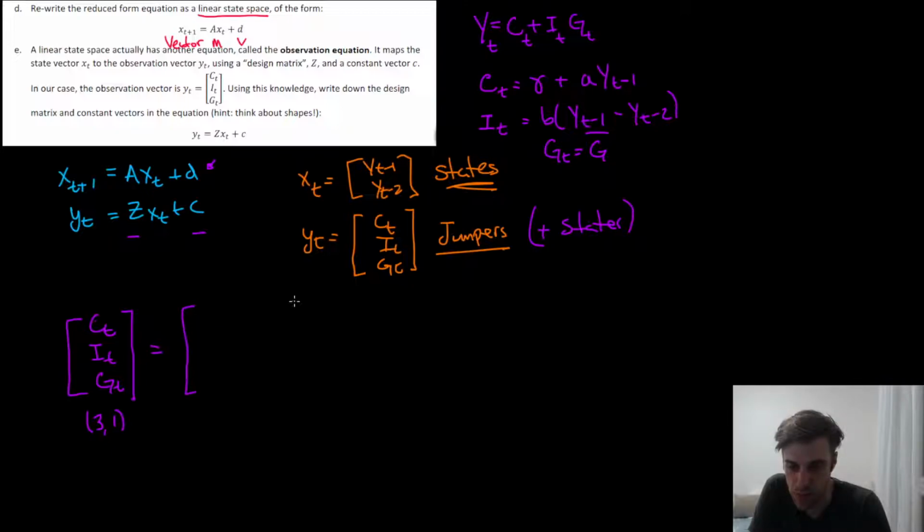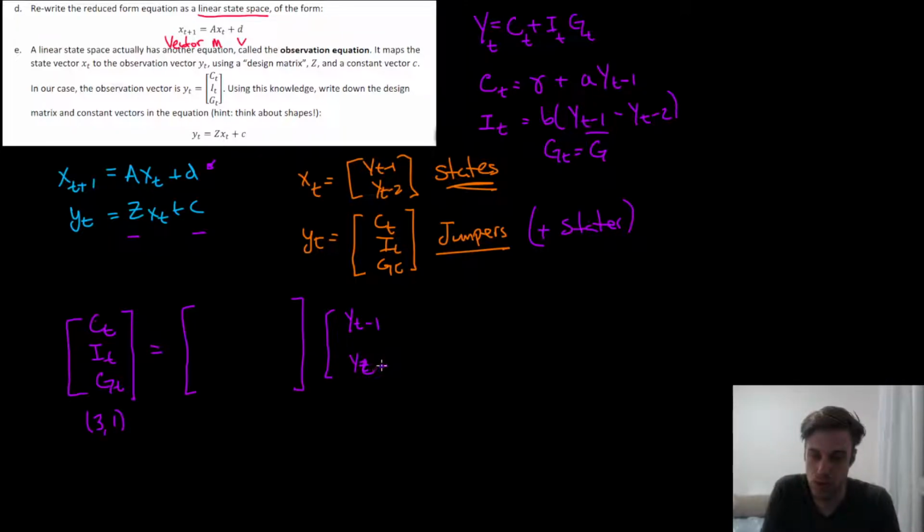Okay, we don't know what shape it is yet. It's something. But we know xt. xt is a 2 by 1. So already you should see that Zt is not square. Why isn't it square? Because it's going to transform a 2 by 1 vector, xt, into a 3 by 1 vector, yt.